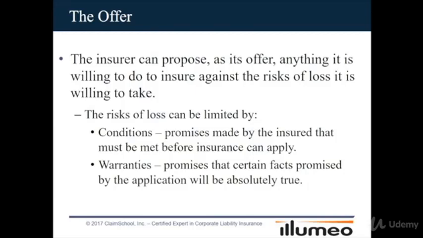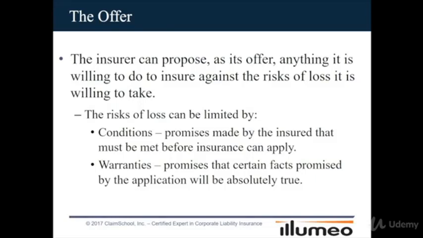They might also attach warranties. Warranties are more strict conditions where the materiality of the promise made in the condition is presumed, and where the basis of the insurance policy itself is the warranties.